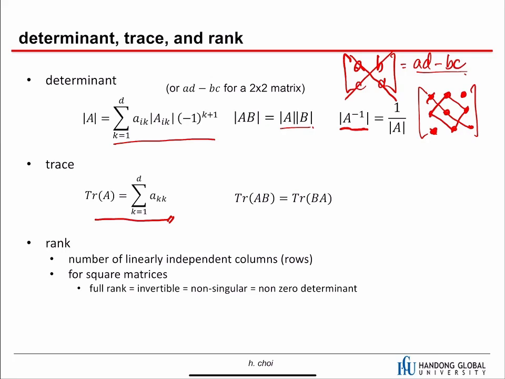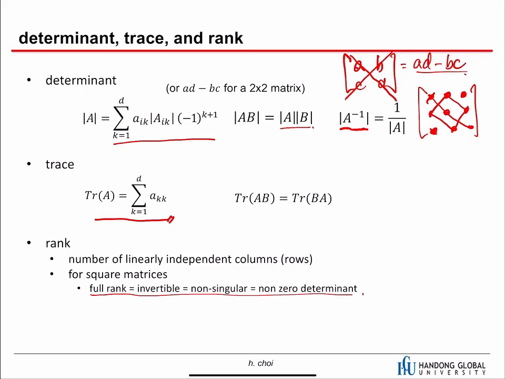What is the rank? The rank is the number of linearly independent columns or rows. For square matrices, full rank means the matrix is invertible, it is non-singular, and it means the determinant of the matrix is non-zero. Basically, it's the same thing.